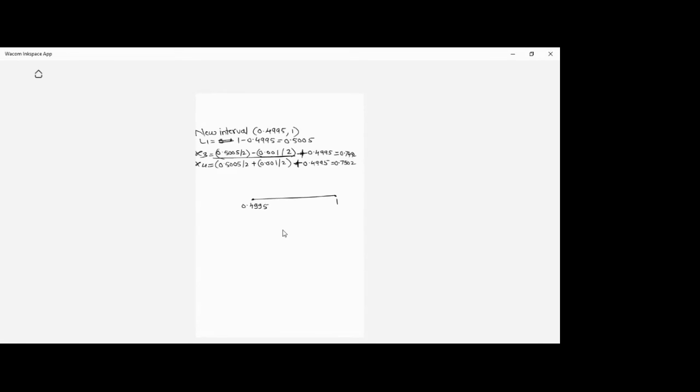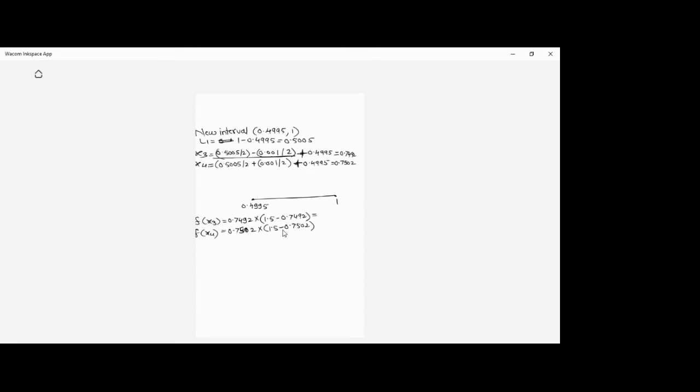So now we know x3 and x4. What we are going to find out is f of x3, which is 0.7492 into 1.5 minus 0.7492. Similarly, f of x4 will be 0.7502 into 1.5 minus 0.7502, right?